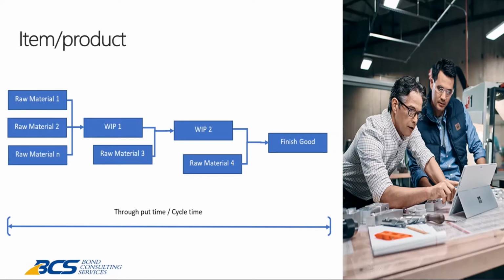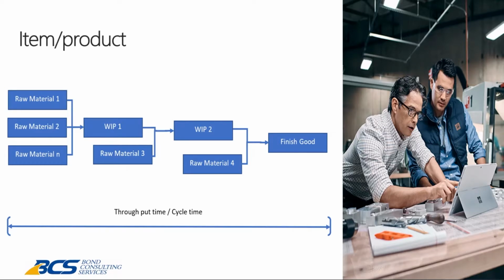Let me explain how the item is also linked to the bill of material, and then to the next level of screens that we're going to walk through. So basically, when we have different kinds of raw materials, raw material 1, 2, and N, when it combines, it'll be a work in progress, WIP 1.